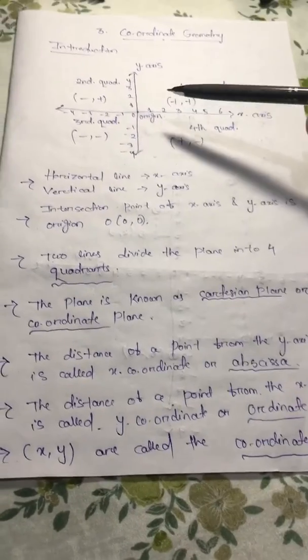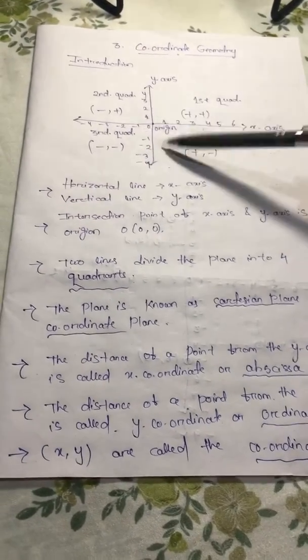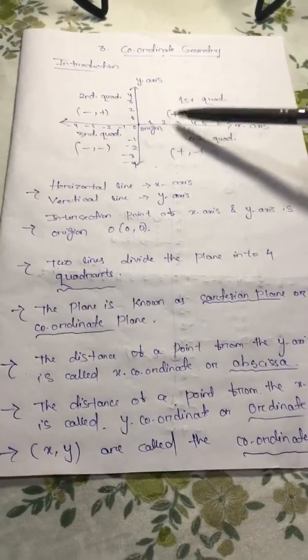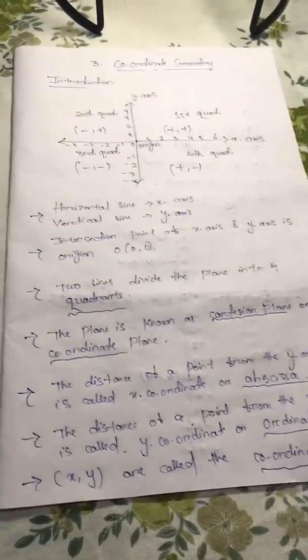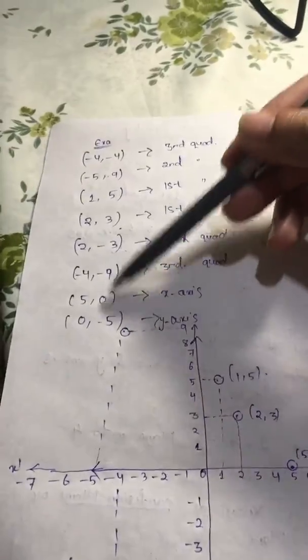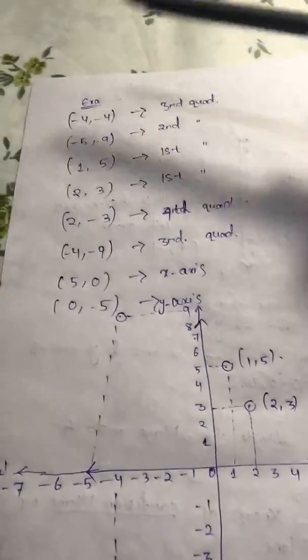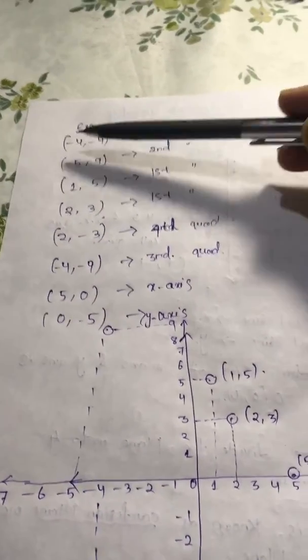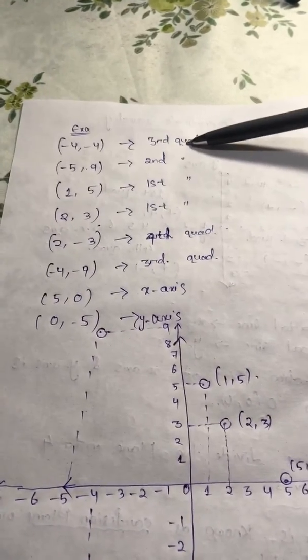Next we'll see how to represent these points on the quadrants and how to plot these points on the x-axis, y-axis or the quadrants. If we take some examples, the question is asking which quadrant or axis these points lie on. The first point, (-4, -4): both are negative, so it lies in the third quadrant.